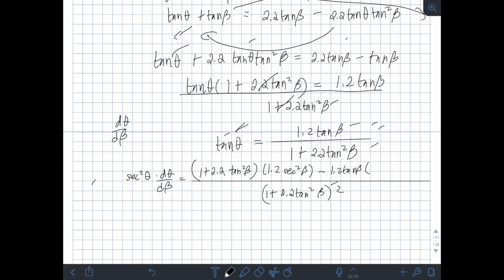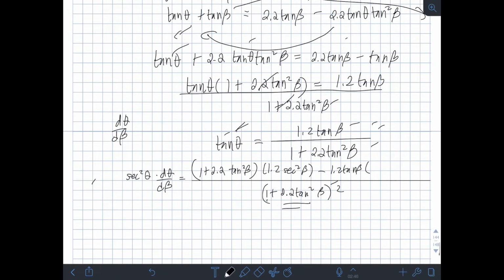So, derivative niyan is 1 is 0, tapos ito na lang, 2.2 tan squared beta. So, 2.2 chain rule. So, baba muna si 2 times 2, then tan to the power of 2 minus 1, or tan beta na lang, right? Times derivative pa nung tan beta sa loob is secant squared beta.